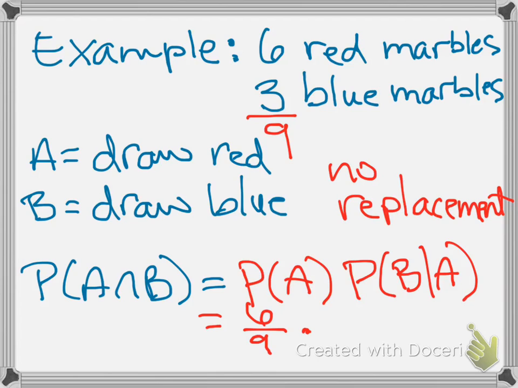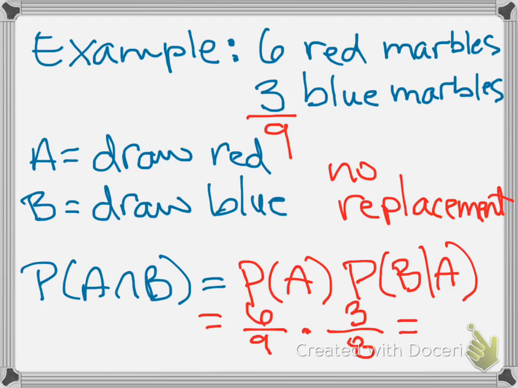Then we need to figure out the conditional probability that event B occurs given that event A has occurred. Well, if we want the probability that event B is occurring, and remember that means that we're drawing a blue, there are 3 blue marbles still to choose from. But now, because we aren't replacing the original red marble that we chose, there are now only 8 marbles remaining.